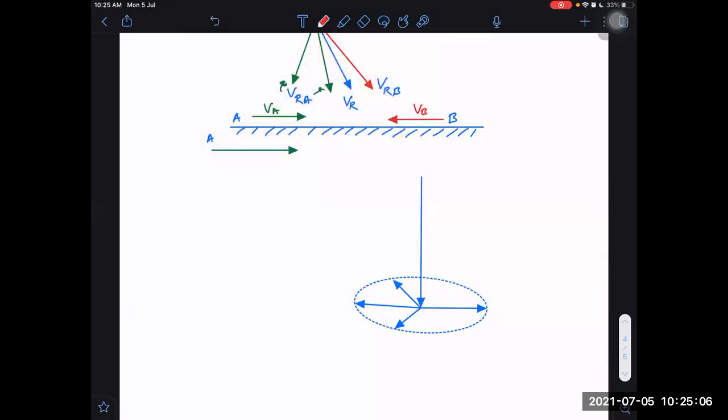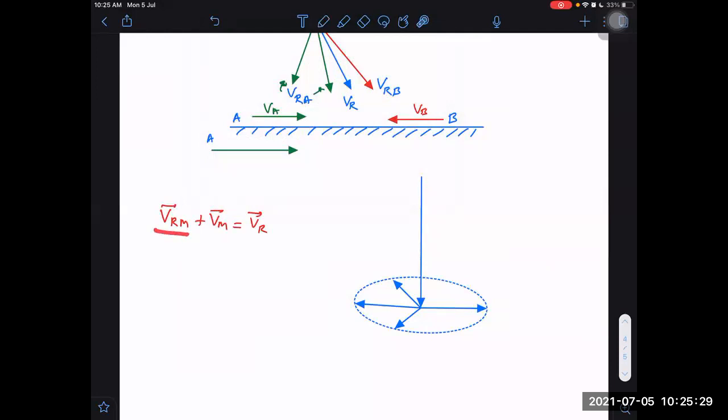Now, what is the formula? Velocity of rain with respect to man plus velocity of man will be what? Velocity of rain, right or not? Then which two vectors will be in same order?